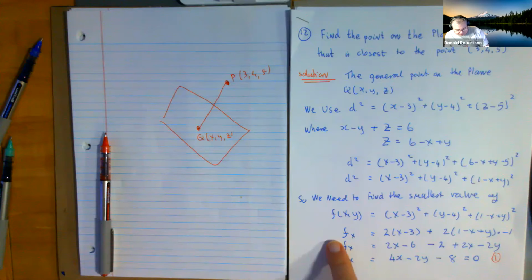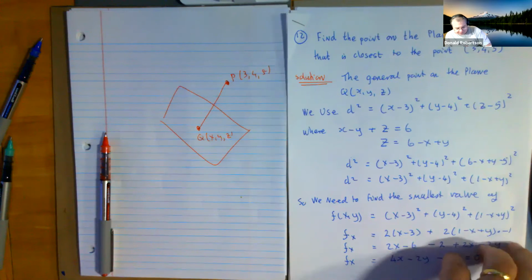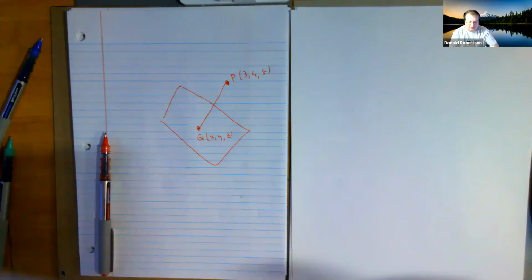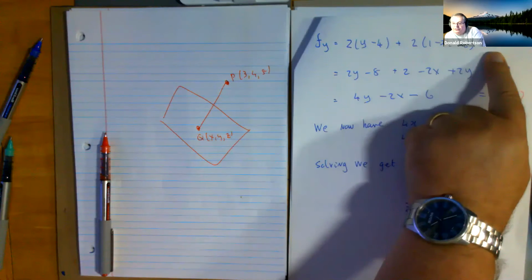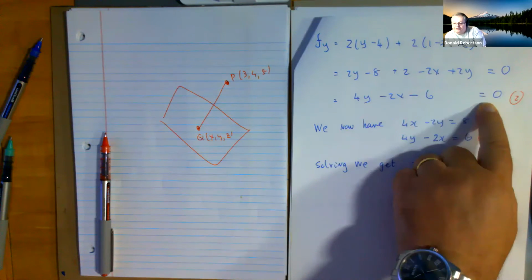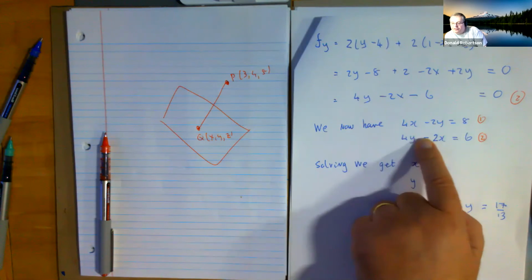So we have this function. If you do a partial derivative with respect to x, you get this. You set it equal to 0. You take a partial derivative with respect to y, you set it to 0, you get this equation. That means we now have 2 equations, nice easy equations.